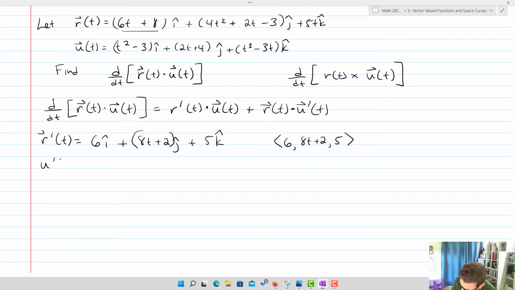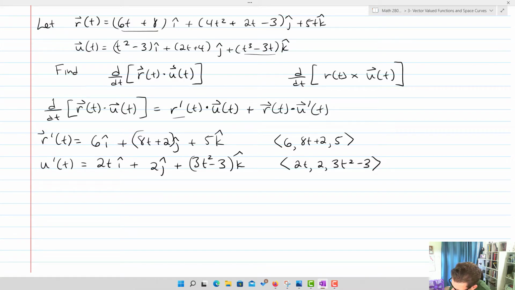Then u'(t), which is the other derivative that we need, is going to end up being 2t i plus 2j plus (3t squared minus 3)k. Or <2t, 2, 3t squared minus 3>.